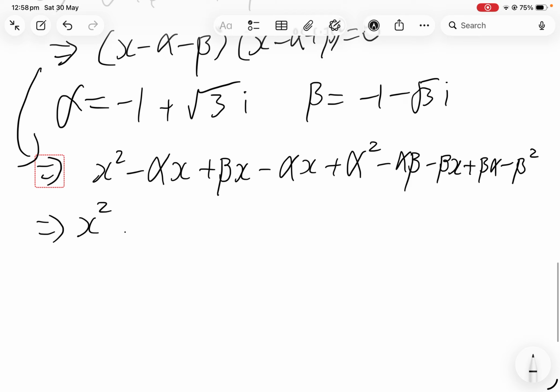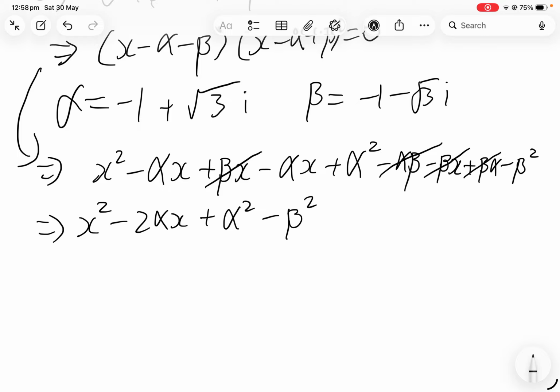So this ends up with, that cancels out. Actually, no, it doesn't. This cancels out. And then plus beta alpha, minus beta alpha. So minus beta.